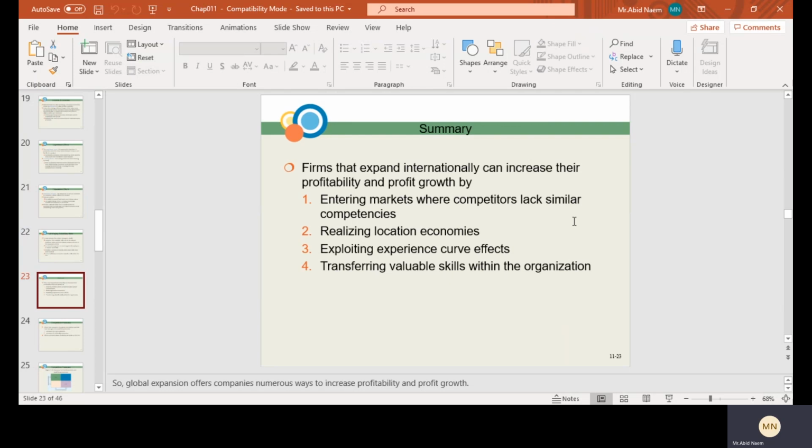So while you have developed your competitive edge over competition, you have to enter those markets where your competition lacks the competencies your organization holds. Then you have to realize the location economies and exploit experience curve effects, and last but not least you have to transfer valuable skills within your organizational network across the globe.